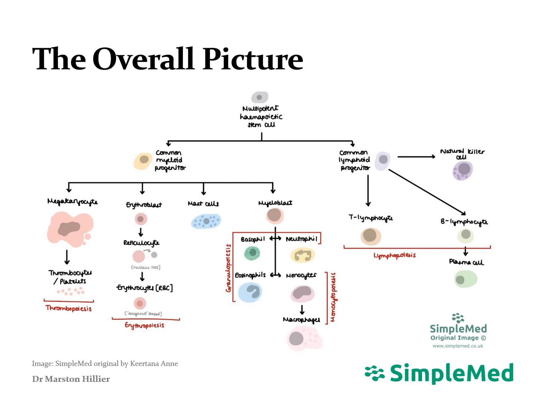The common lymphoid progenitor forms cells of the adaptive immune system, so the B and T lymphocytes. We've discussed the role of hormones, so of EPO, of thrombopoietin, in the production and stimulation of blood cells.